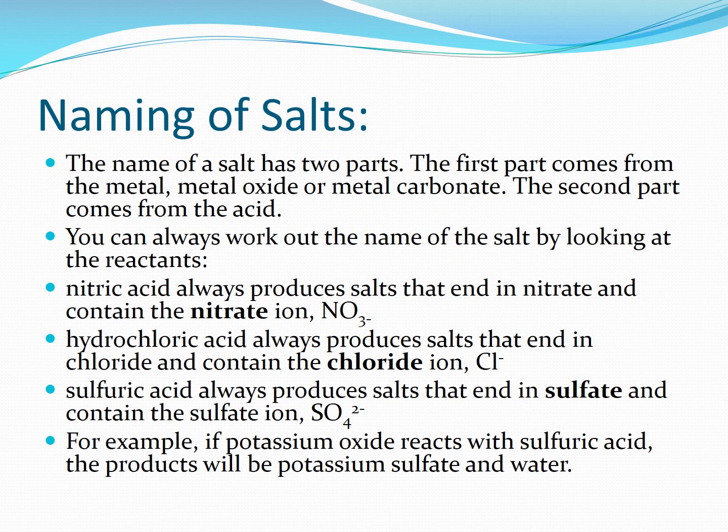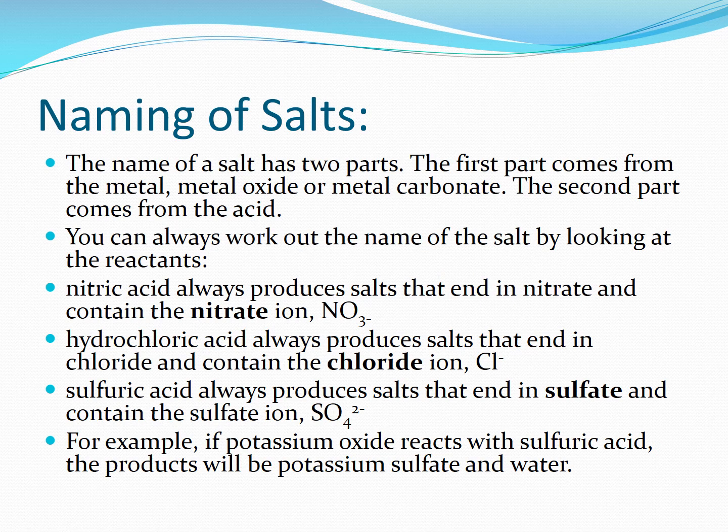Now the next is a very important point, the naming of salts. You know that the name of a salt has two parts. The first part comes from the metal oxide or metal carbonate, and the second part comes from the acid. You can also work out the name of the salt by looking at the reactants. For example, nitric acid always produces salts that end in nitrate and contain the nitrate ion.